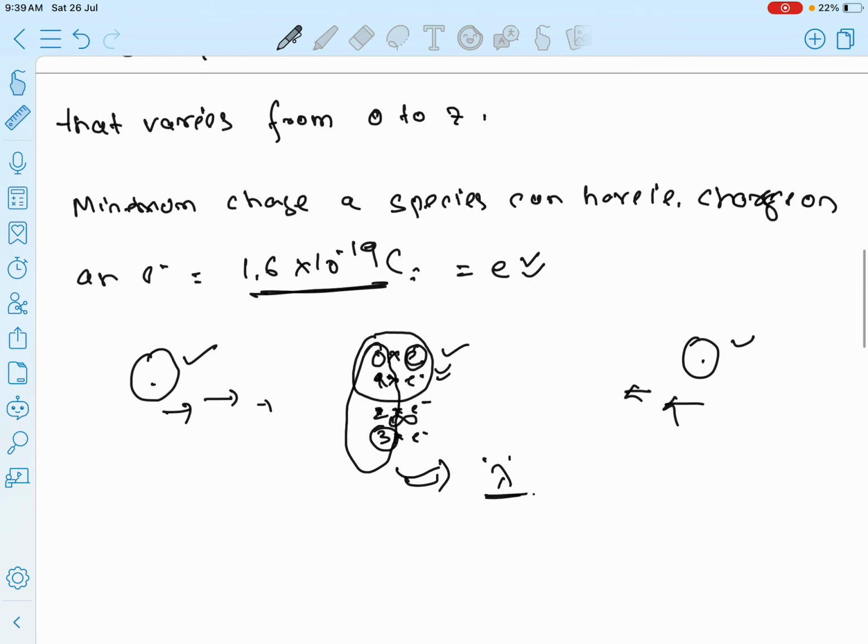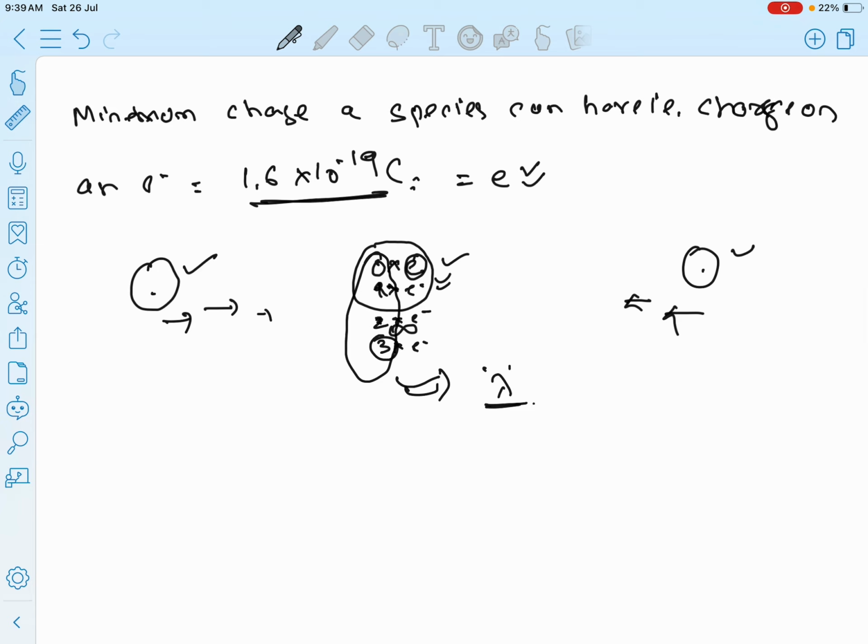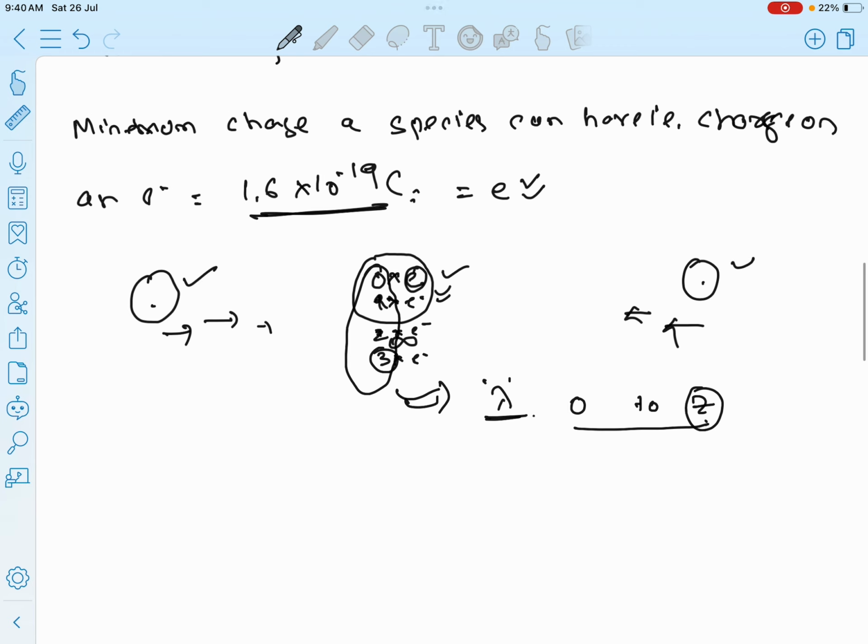Understood? That is the lambda which we are talking about, which varies from 0 initially to Z, and Z is the sum total of the charges of the ions which are forming the activated complex.